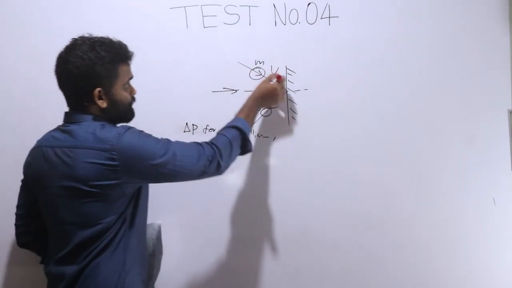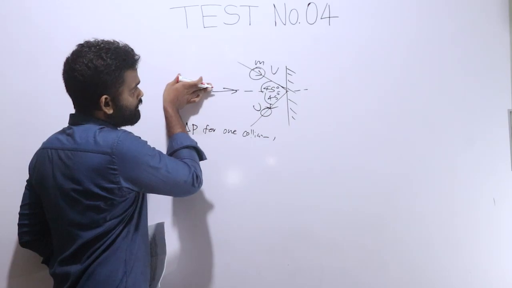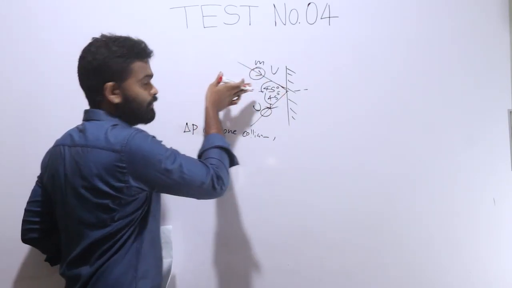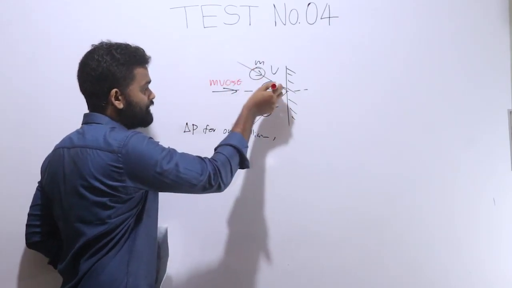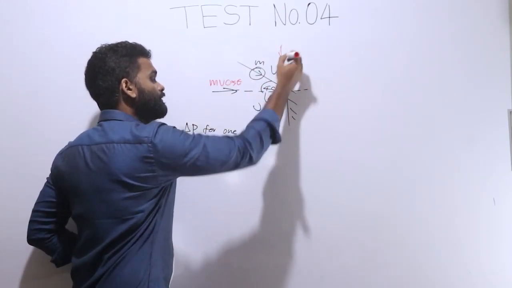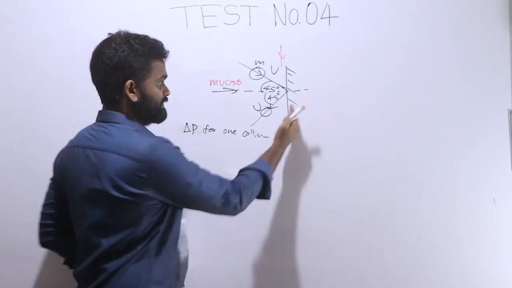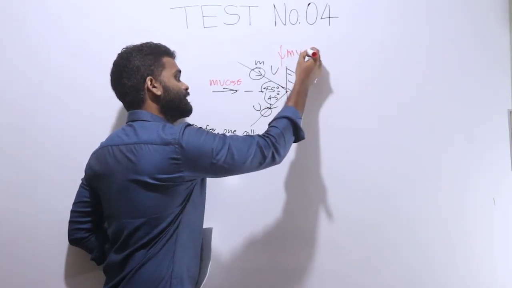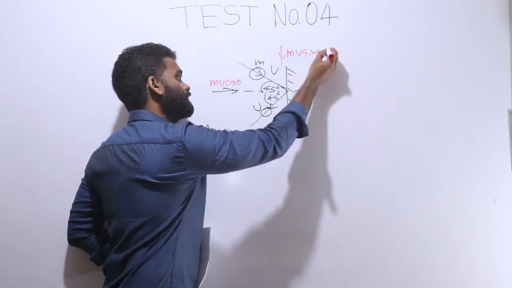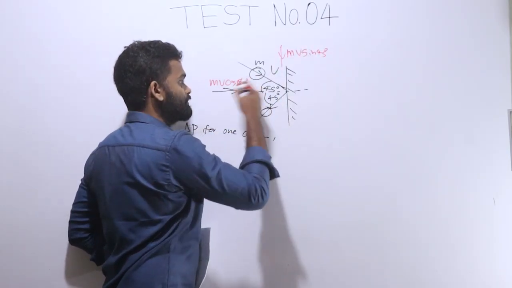For this vector, normal to the wall, I can say mv cos theta. Then parallel to the wall, I can say mv sin 45. The angle is given, so it is 45.